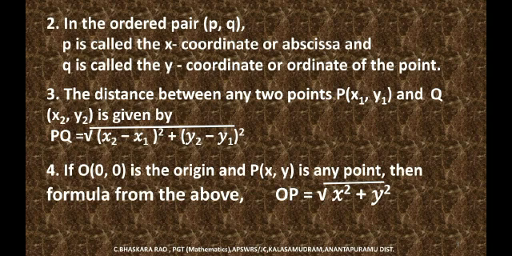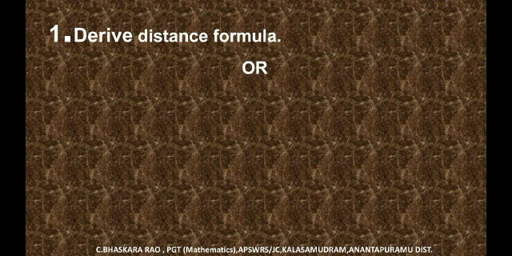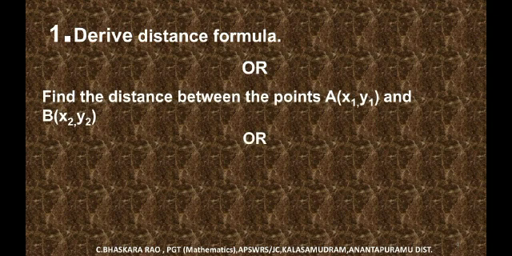It may be asked in different ways in the question paper. For example, they may ask like this: derive distance formula, or they may ask: find the distance between the points A(x1, y1) and B(x2, y2).